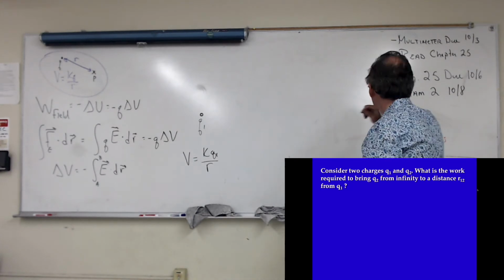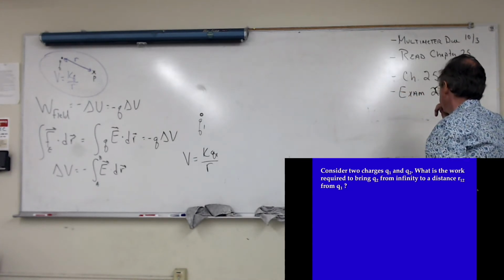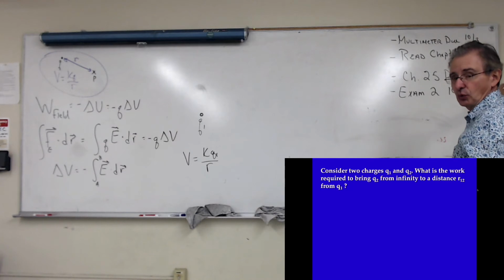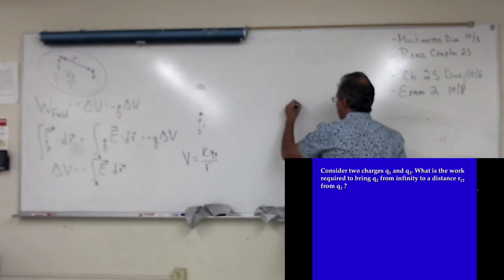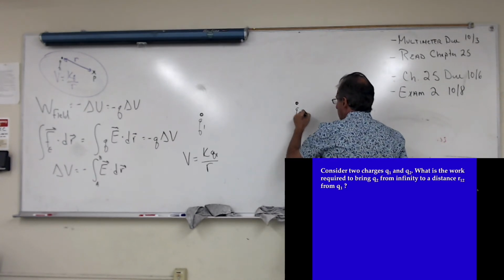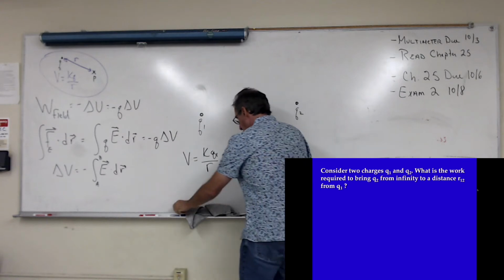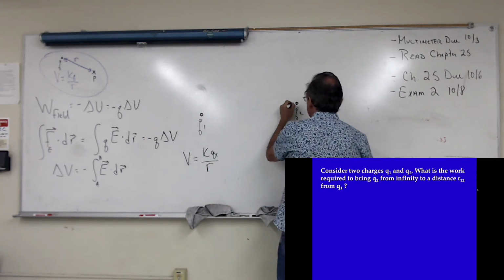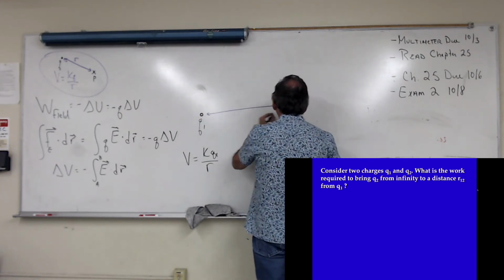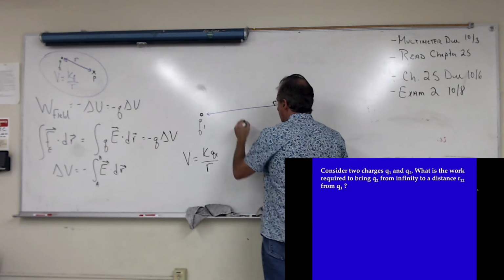I want to take a second object that's way out at infinity and put it right here, so that the distance between them is R12.